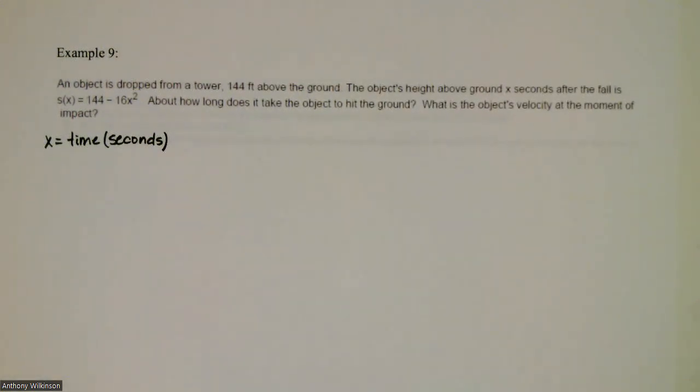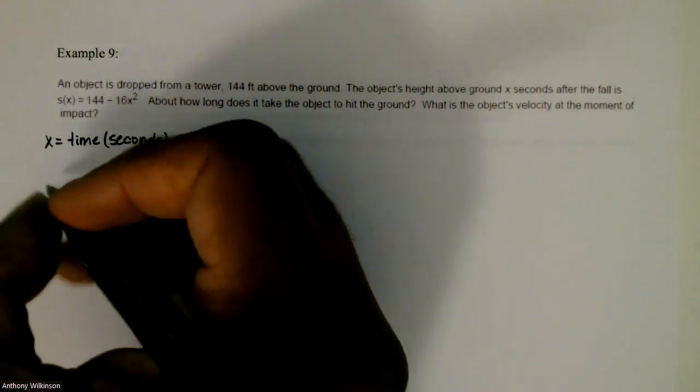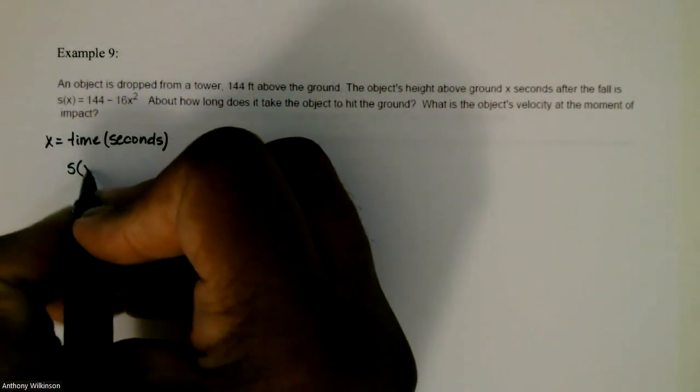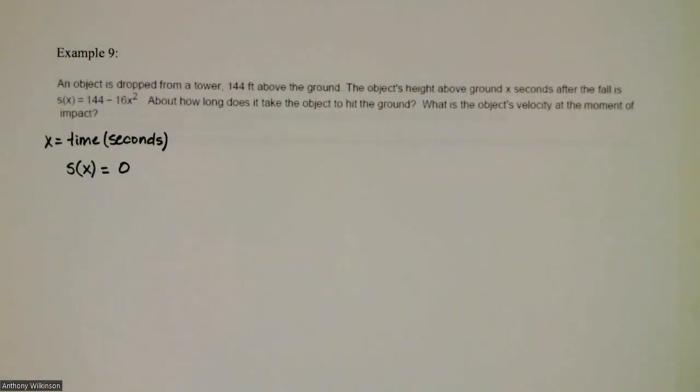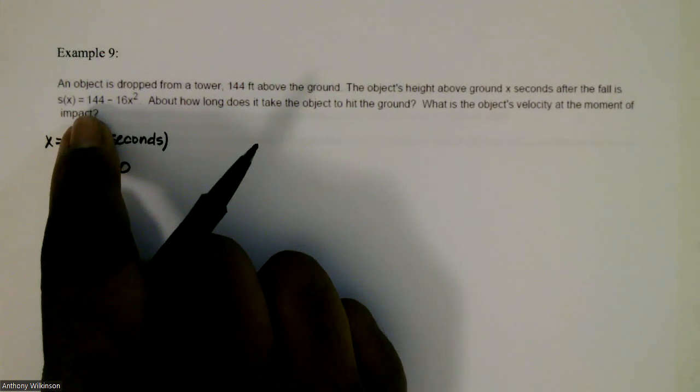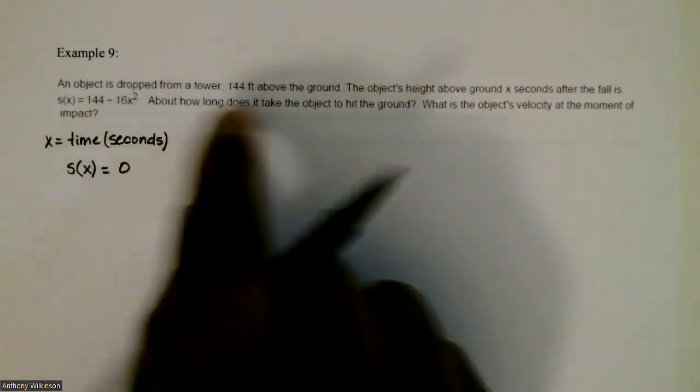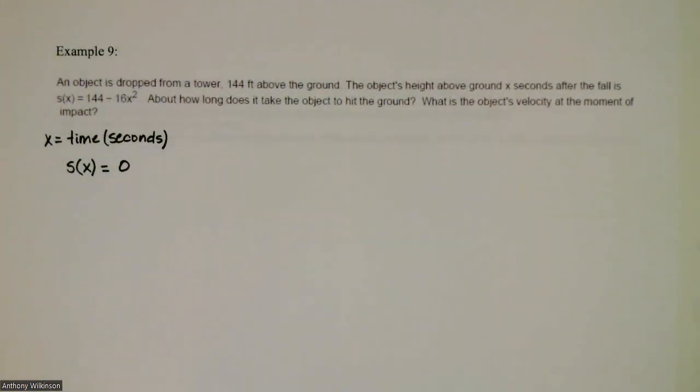So when it hits the ground, that means that distance is going to end up being 0, because once it hits the ground, that is going to hit 0. Okay, because the object height above the ground is this formula right here. So when it hits the ground, it's going to be 0.